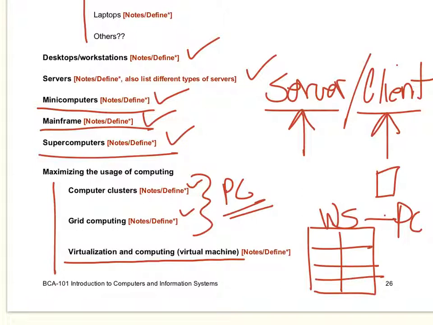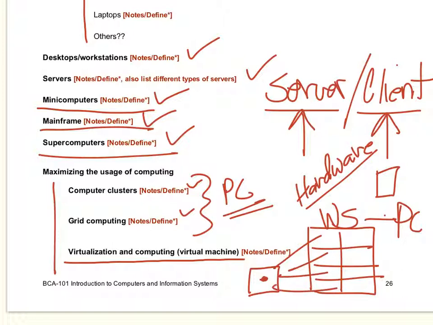You make really good use of the hardware in that situation, because with these quad core processors that are so powerful nowadays, if you have a bunch of virtual machines using that, you can make better use of that particular processor.